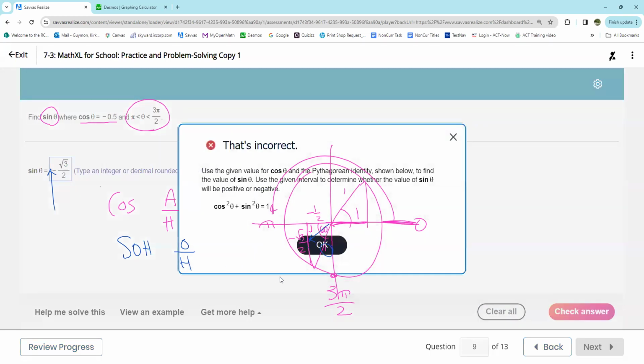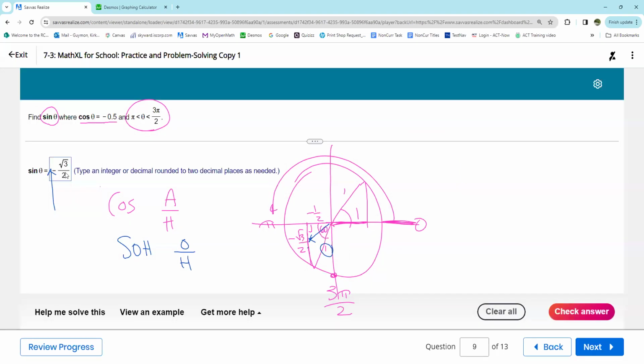Uh-oh, what did I do wrong again? Find sine, where cosine is a negative 0.5. The only other thing I can think of is that negative in the numerator. It's in pi to 3 pi over 2. Negative half is the short leg. I feel pretty confident about this answer, you guys.